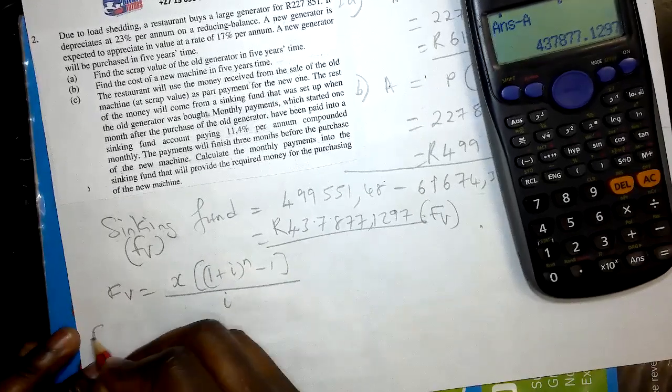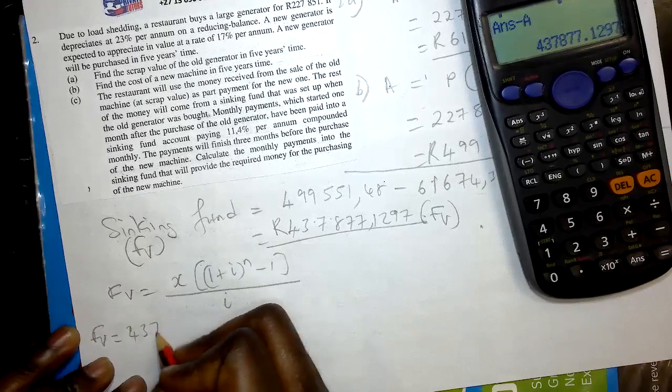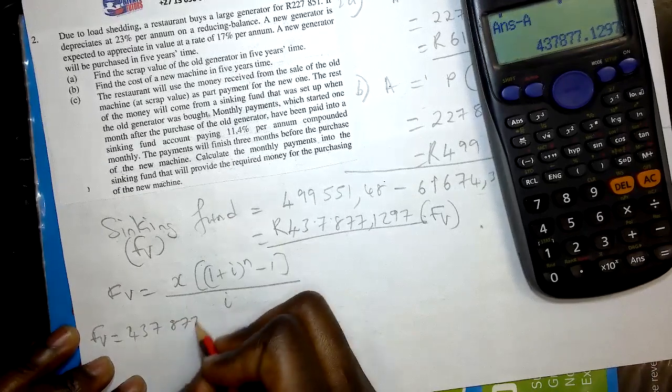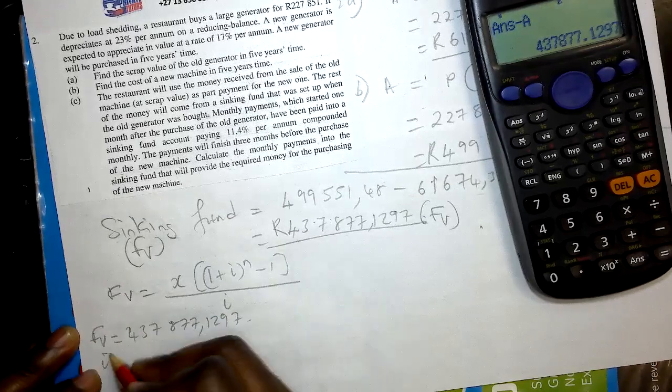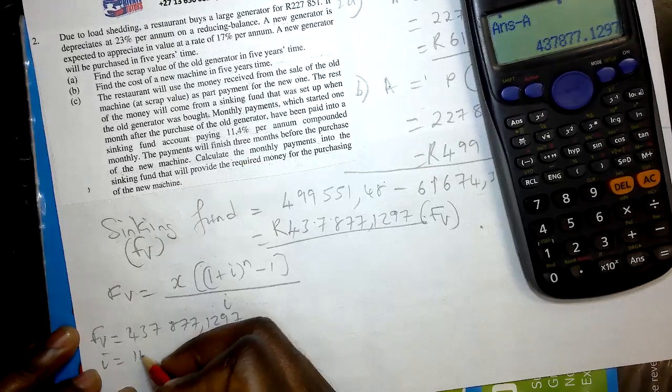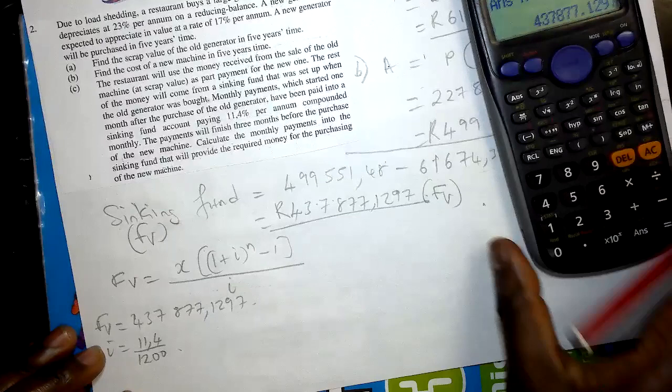What is our FV? We have it already, 437,877.1297. What about our I? Our I is now 11.4 over 1200 because compounding monthly. Then what else do we need here?